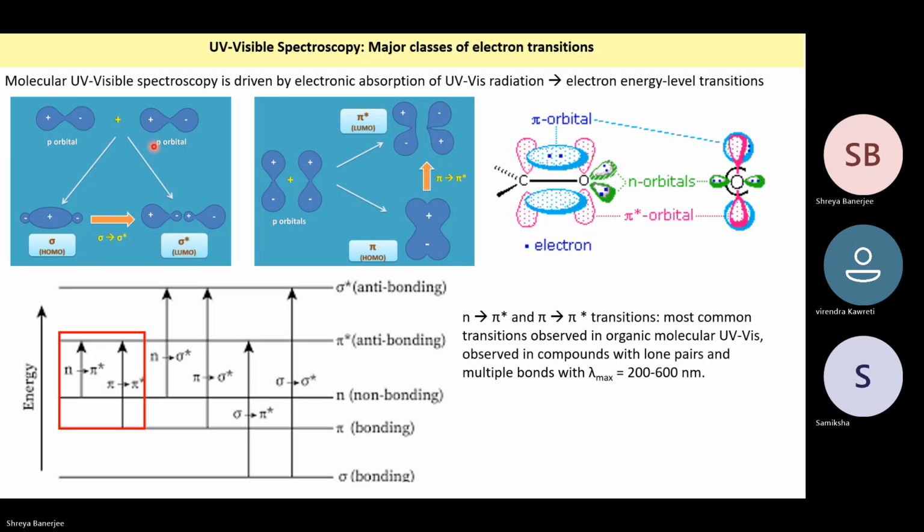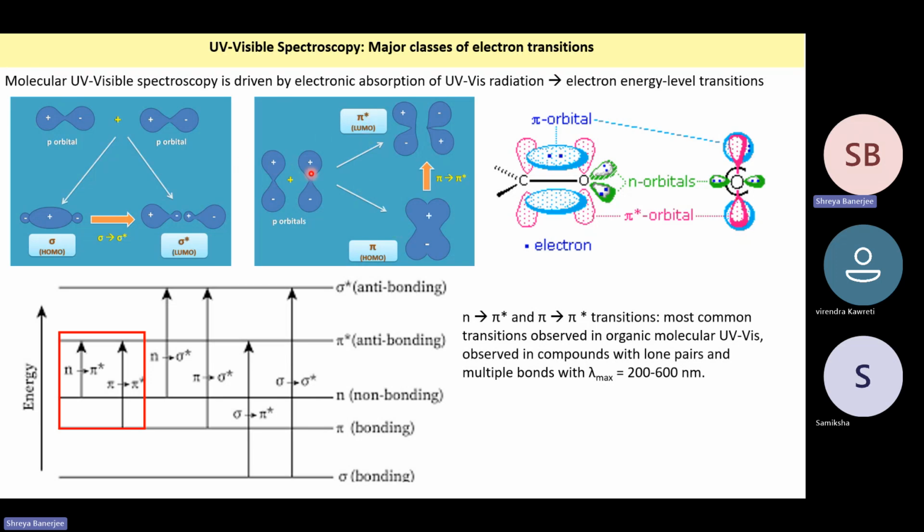Any two orbitals will combine to give a sigma and a sigma star orbital. This is in case of a head-on overlap, which is the sigma bond. If there is a side-by-side overlap, it will be the pi bond. Pi can also be pi and pi star.